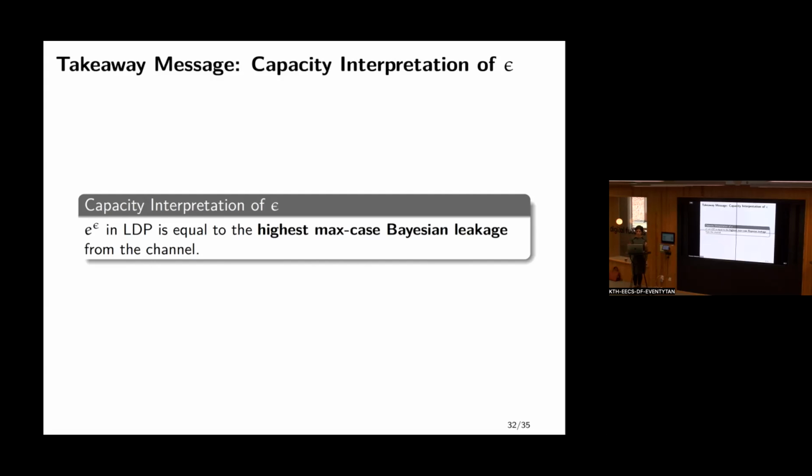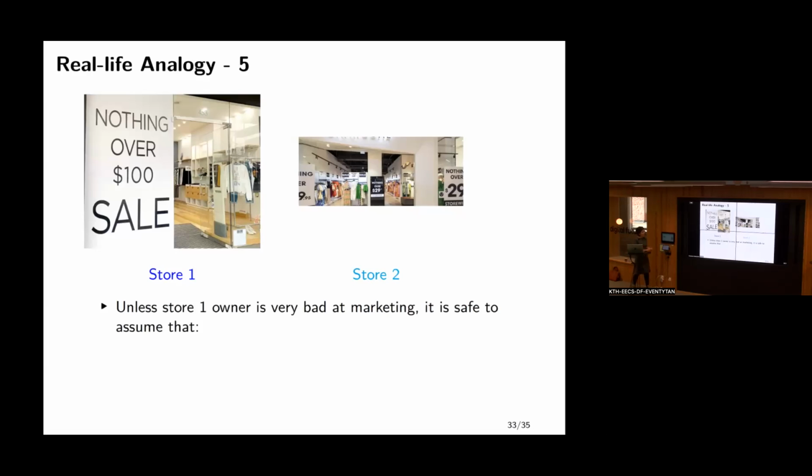But if I want to show you the store analogy, unless the store one owner is very bad at marketing, it is safe to assume that there exists an item in store one that is costing $100, right?